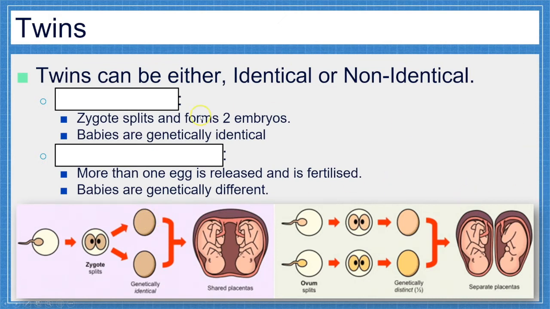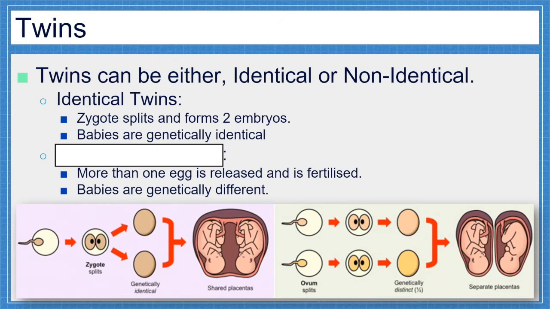Identical twins are genetically identical. They're essentially like little clones of each other. What has happened here is shown in this first image down the bottom. It is 1 egg and 1 sperm, and it forms 1 zygote. But at some point along the process of development, that zygote, as it's dividing, gets a little bit confused.